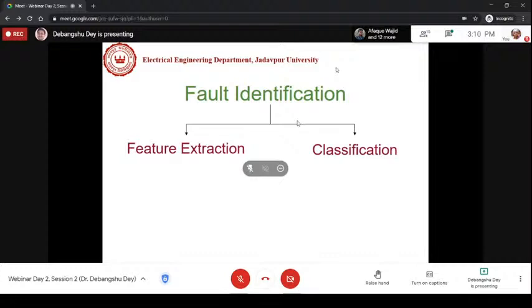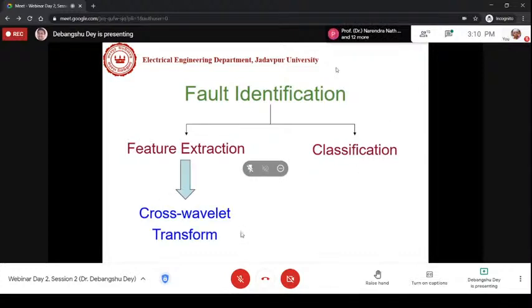Now if we look into the fault identification, as I told you, it can be classified into two categories. One is called feature extraction and the second is called classification. For this particular lecture I have chosen the cross wavelet transform, but whatever the tool, feature extraction means extracting fruitful features from a signal.